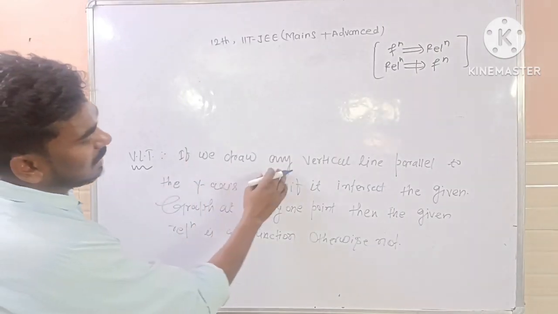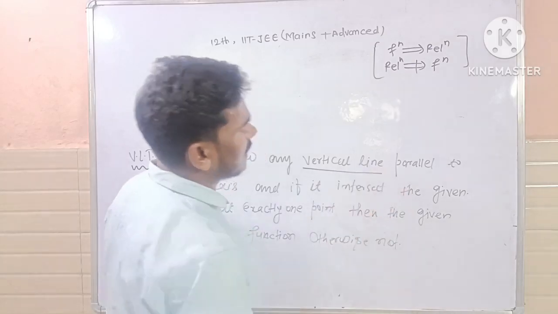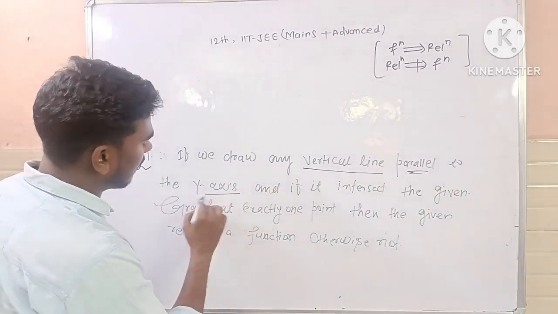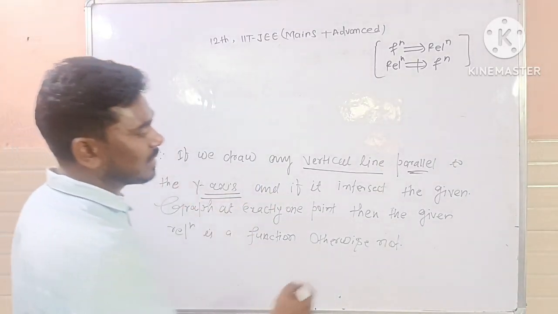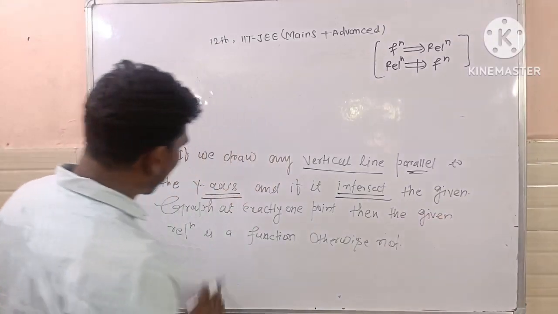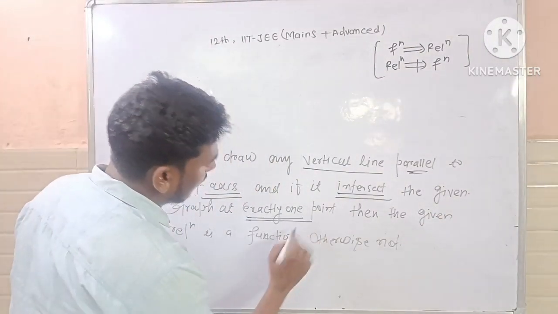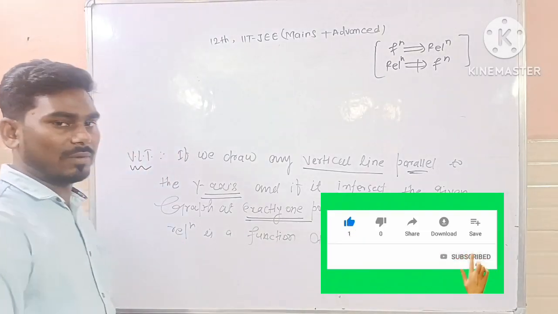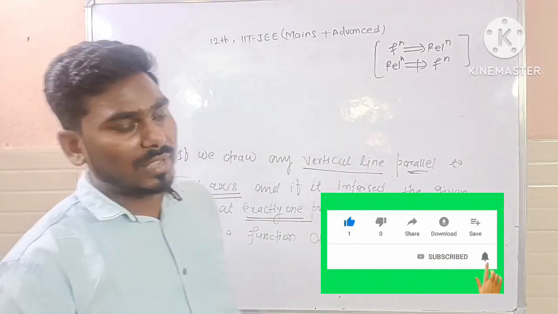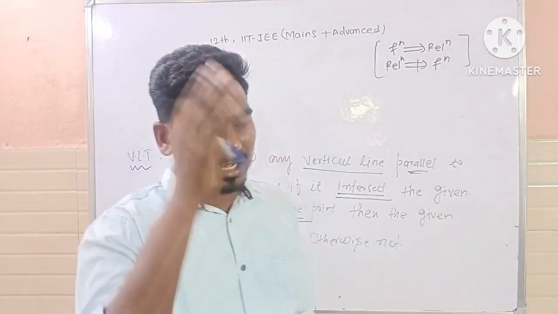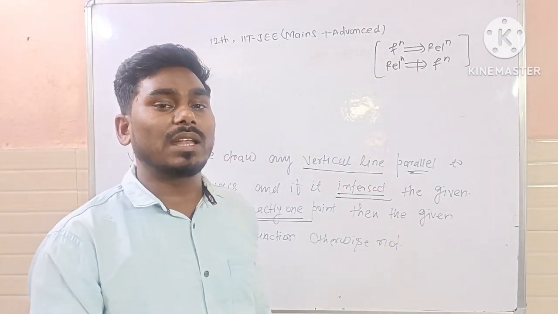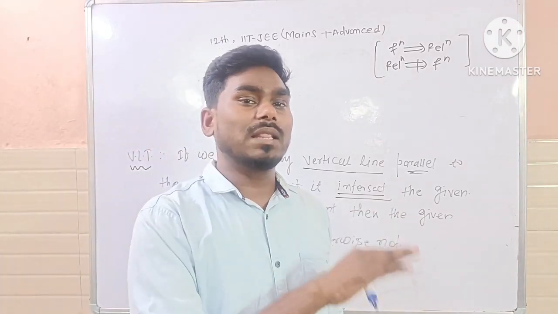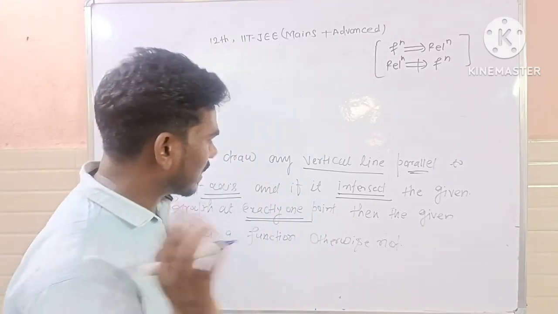If we draw any vertical line parallel to the y-axis, and this vertical line intersects the given graph at exactly one point, then the given relation becomes a function, otherwise no.